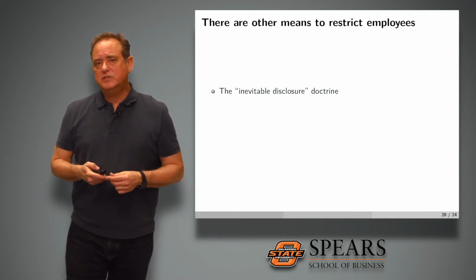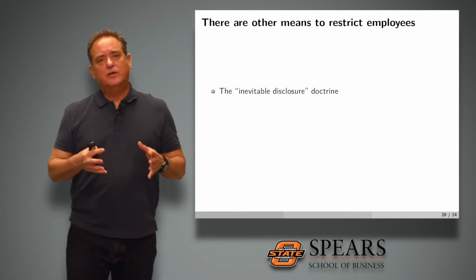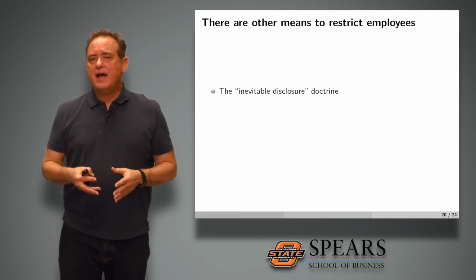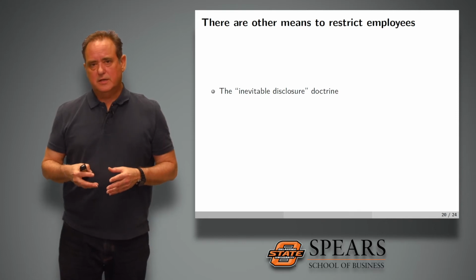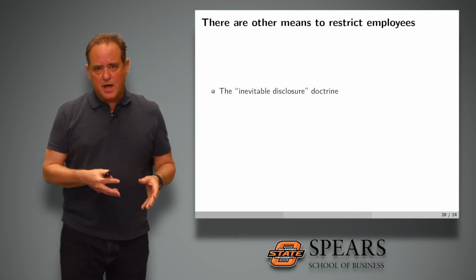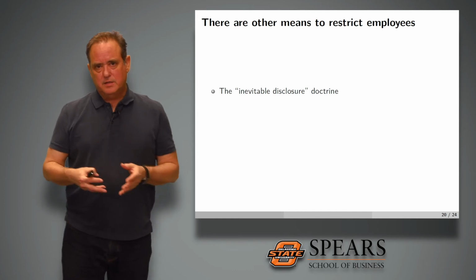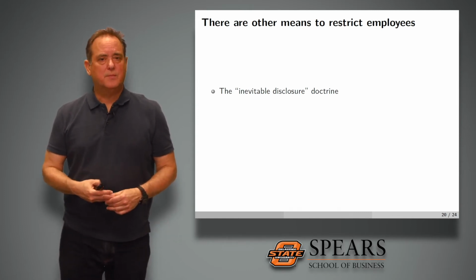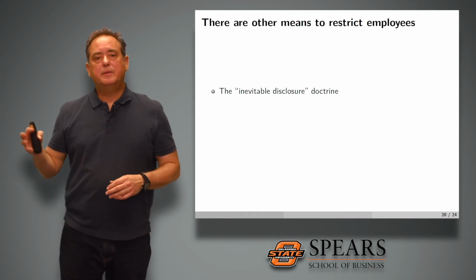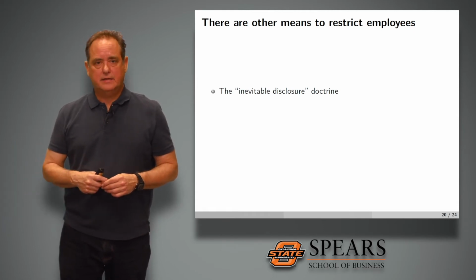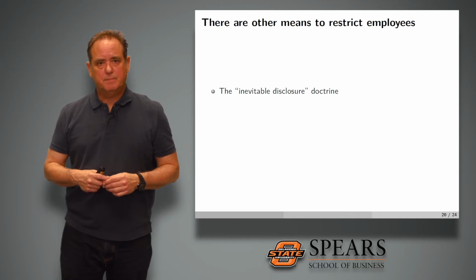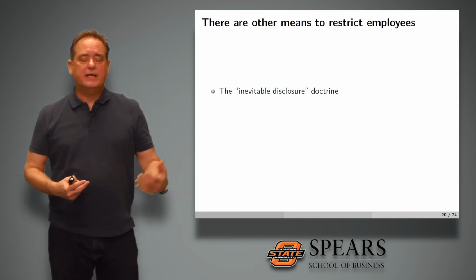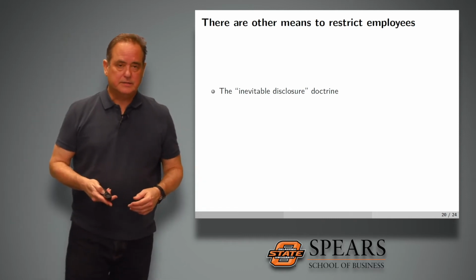What the inevitable disclosure doctrine says is that even if the parties don't have a non-competition agreement, if it becomes certain that this person is going to use knowledge gained in one job in another job, if it is inevitable that those trade secrets will come out, I may be able to restrict that employee from his new job. I can go back in time, essentially, and create a non-competition agreement.